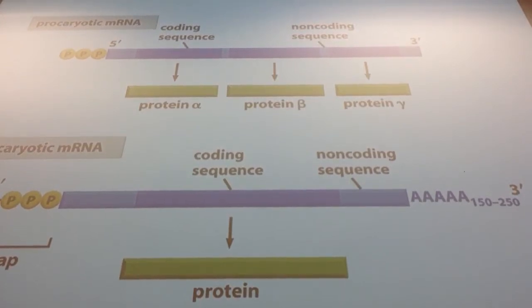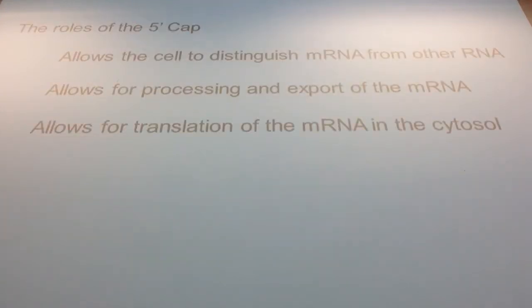Sometimes the first intron, as well as some other pieces of the coding region, are removed simultaneously. So again, the cap helps the machinery choose which intron and which piece of RNA needs to be removed through RNA splicing. So that's the third function of a cap. All of these are functions within the nucleus.